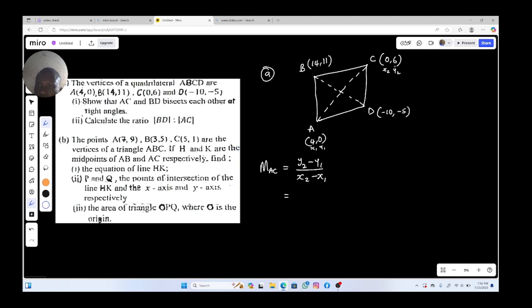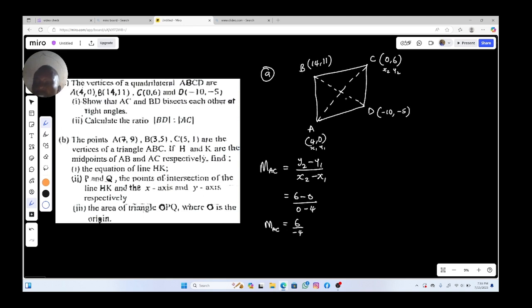So y2 is 6 minus y1 is 0, over x2 is 0 minus x1 is 4. So the slope is 6 over -4. I will leave it like that. You don't bother yourself reducing it to the lowest terms. So I'm done with the first slope, which is the slope of AC.